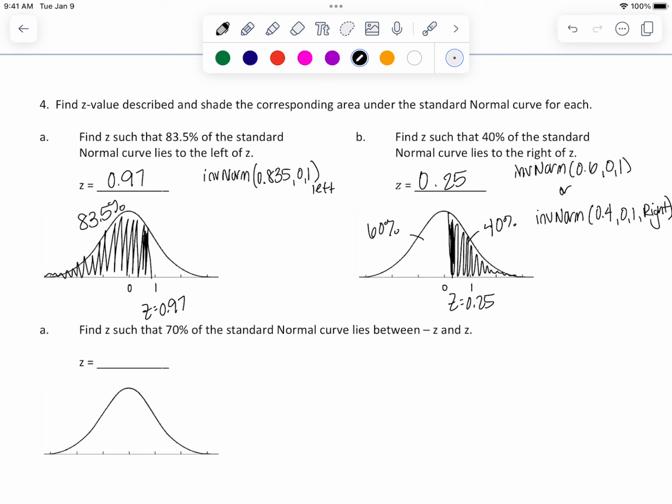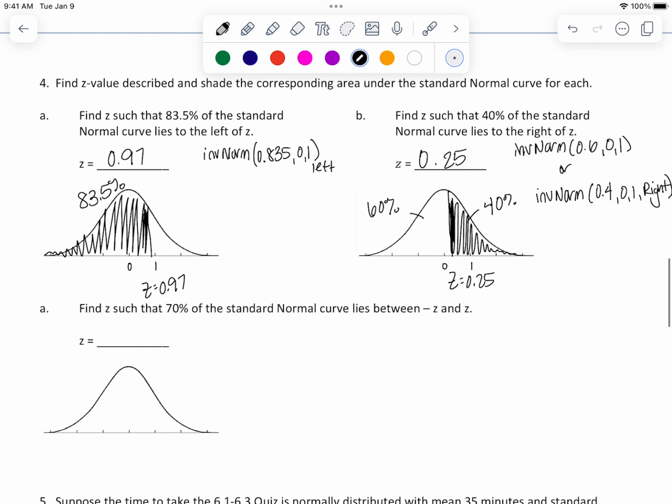Find z such that 70% of the standard normal curve lies between negative z and z. Well, using our empirical rule, we know that 68% is one standard deviation, so we're going to be just outside the negative 1 and 1 we know here.